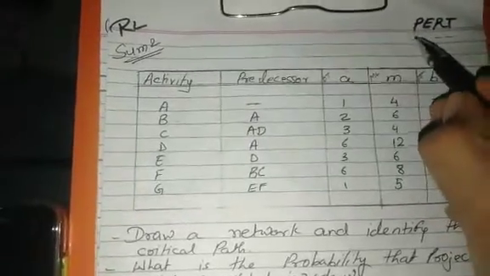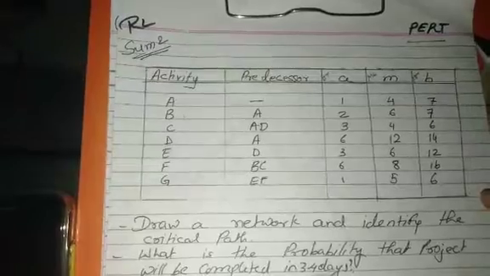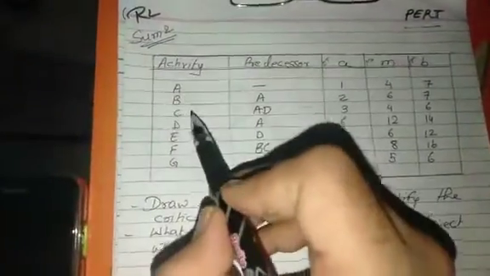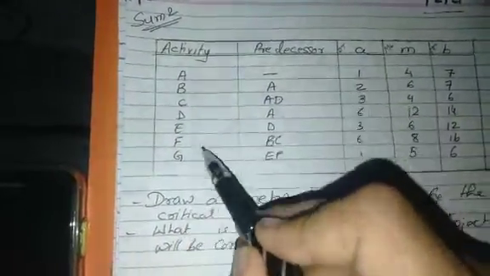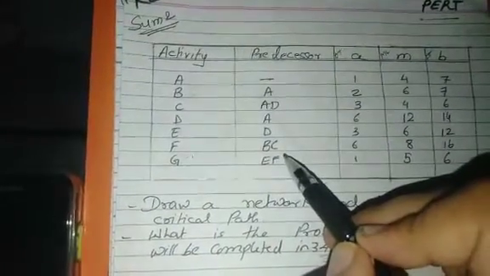Today, we will discuss PERT. In continuation to our previous video, we would be solving one sum of PERT. So, basically, the question is in front of you. Different activities starting from A to G have been given. Their predecessors have been given.